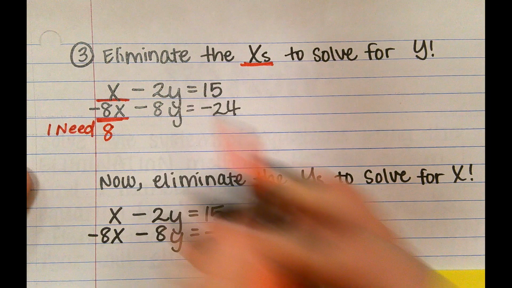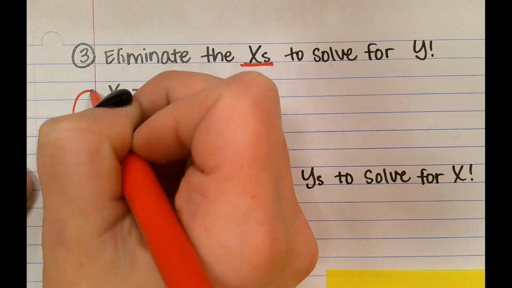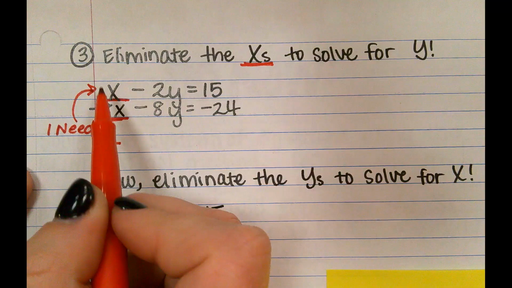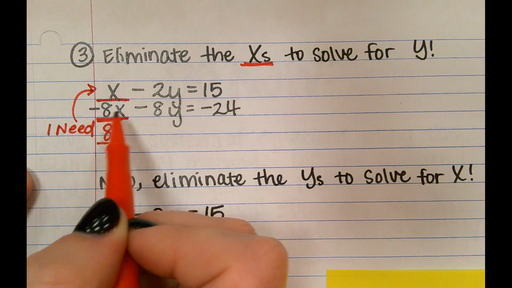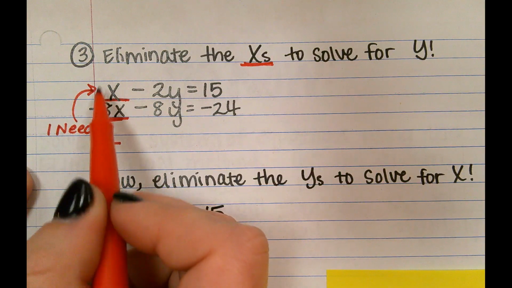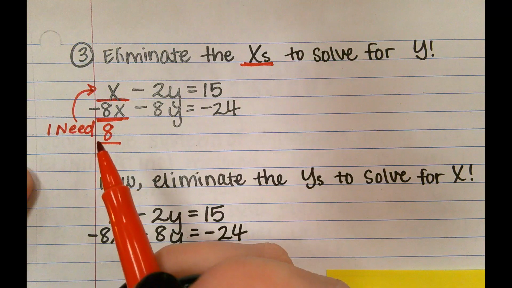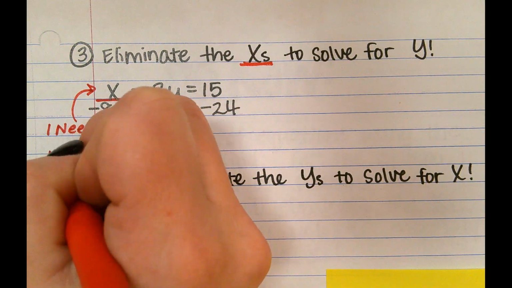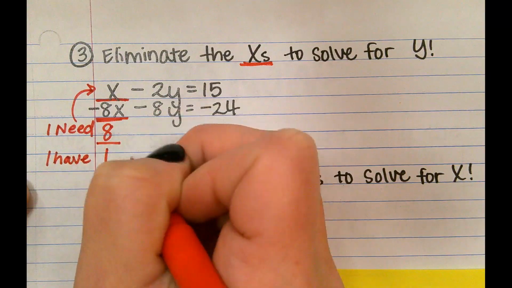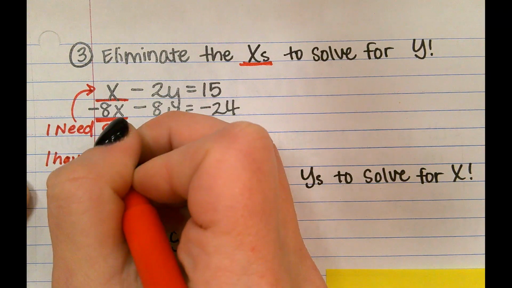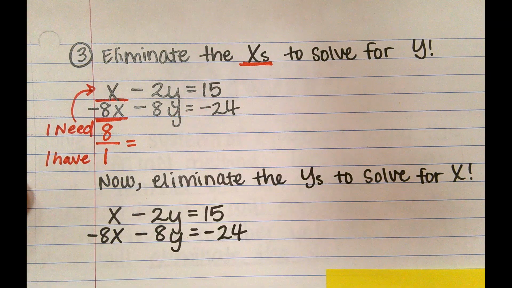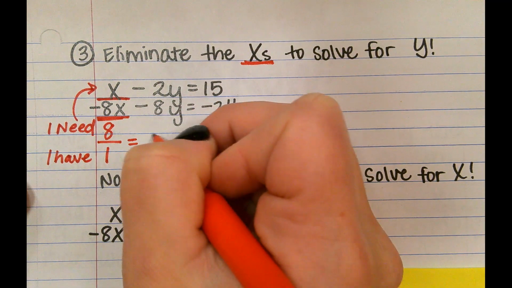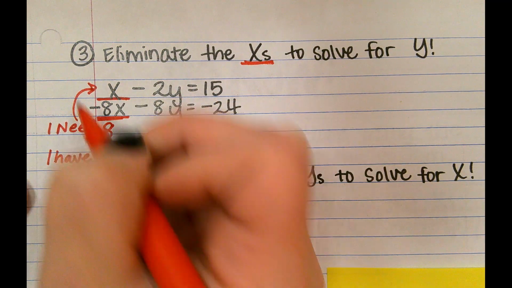What do I have on the one that needs to change? It's just x. So what number's in front of that x? 1. So let's divide 8 divided by 1, and that's going to give you the number we need to multiply. It's going to be 8. So let's multiply by 8 this time.